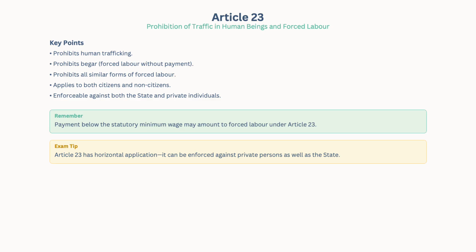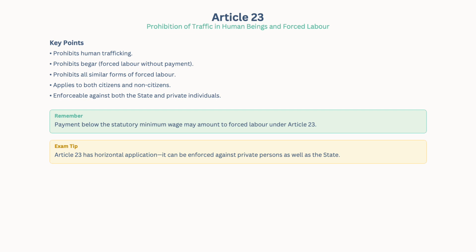Now, payment below the statutory minimum wage may amount to forced labor under Article 23. Now, the central government sets a national floor level minimum wage of, I think, 178 rupees per day, which means every state has the power to set minimum wage, but they cannot set minimum wage below 178 rupees per day.